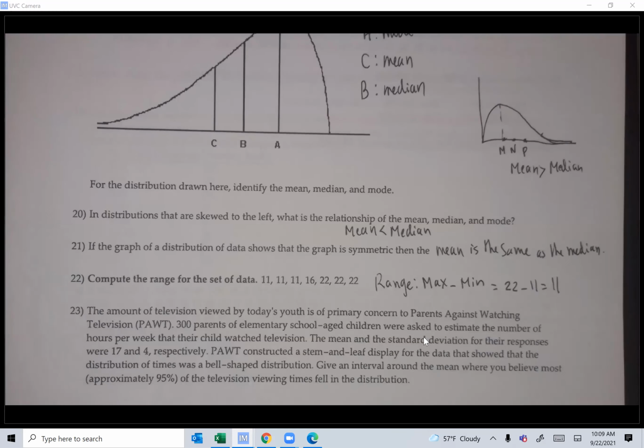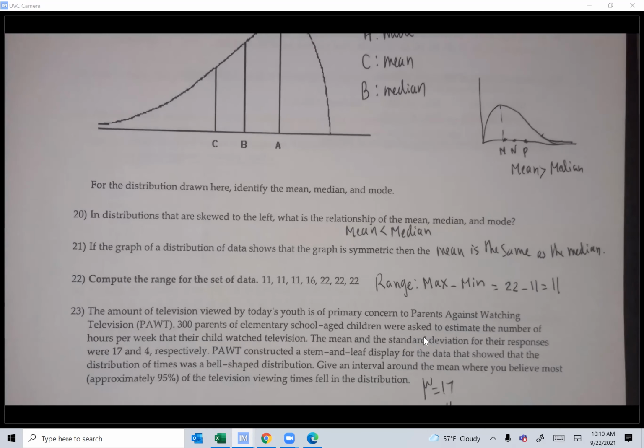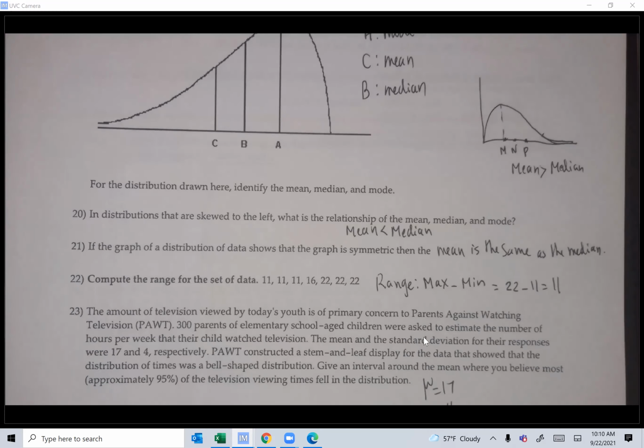The amount of television viewed by today's youth is of primary concern to parents against watching TV. 300 parents of elementary school aged children were asked to estimate the number of hours per week that their children watch television. The mean and the standard deviation of the responses were 17 and 4, so the mean is 17 and standard deviation is 4, respectively.